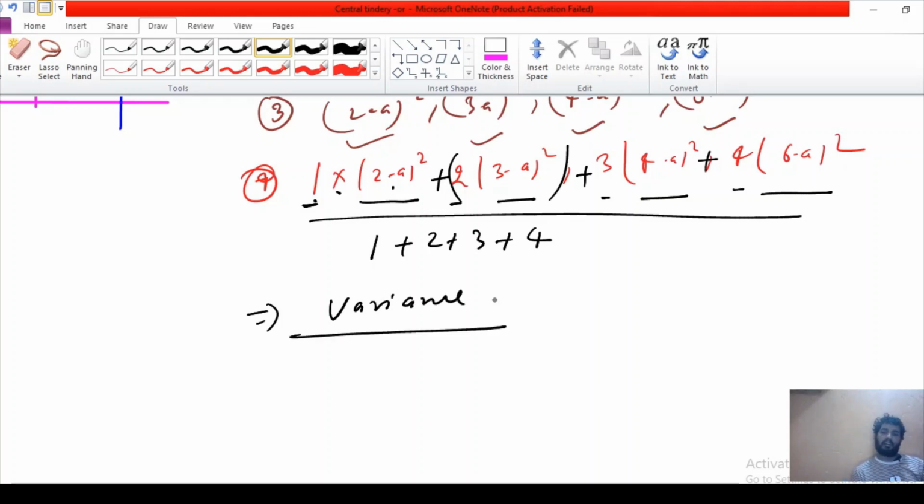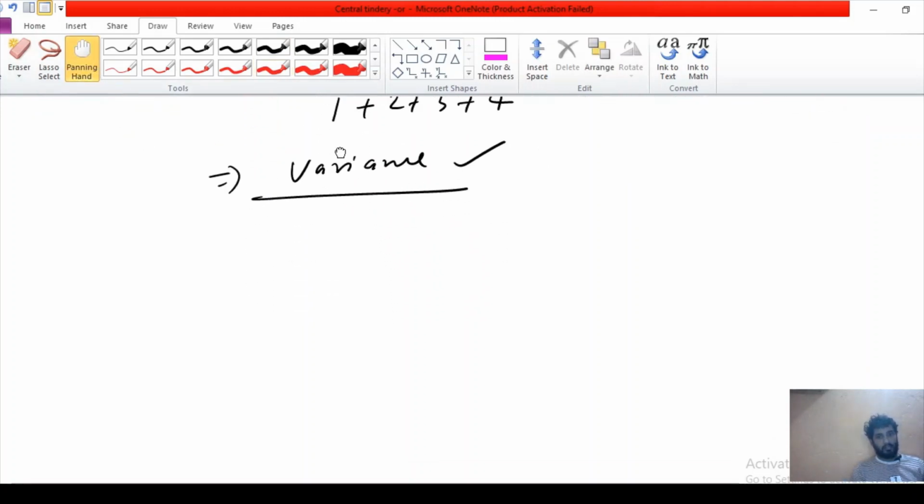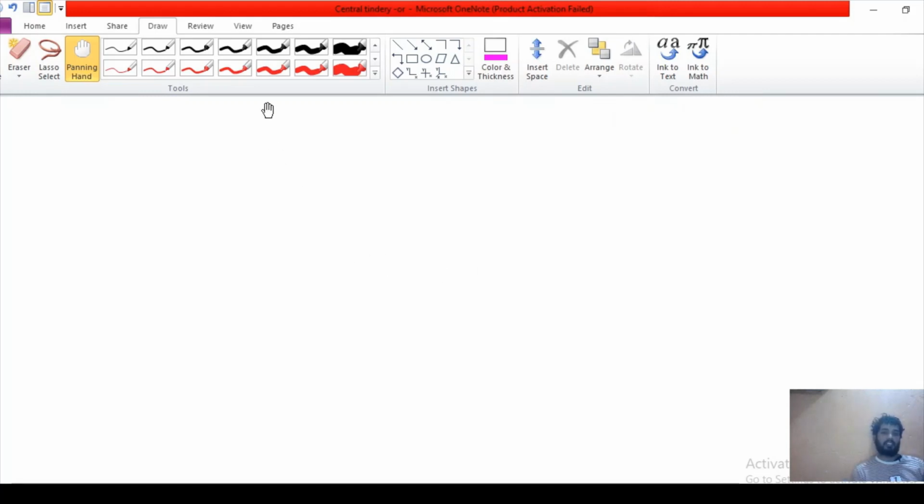So this is our variance, right? In the last class we studied how to find the mean for different data: discrete data, group data, continuous data, and the shortcut method to find mean and variance. Just use the definitions. Suppose we have x1, x2, x3 up to xn, right?